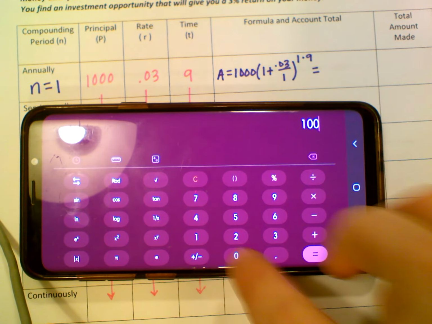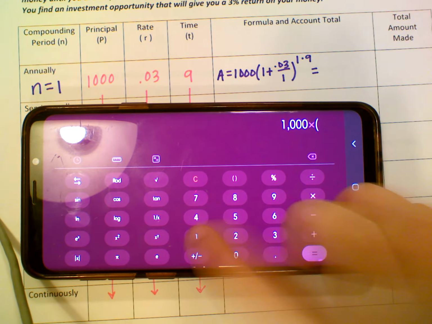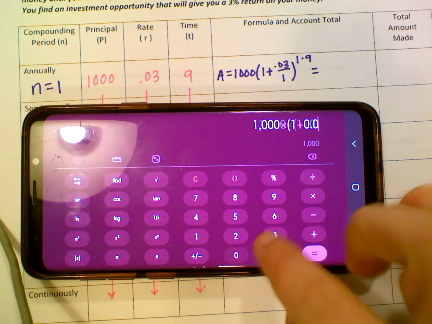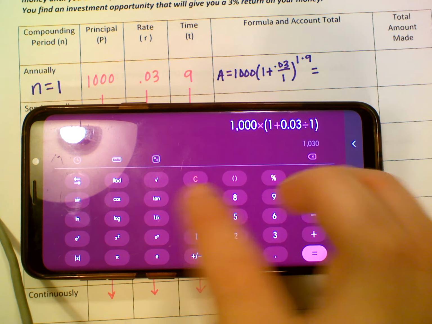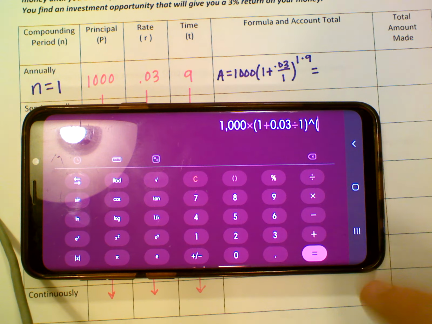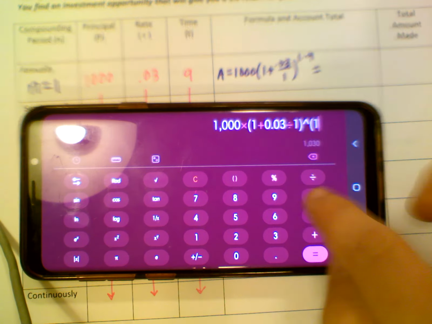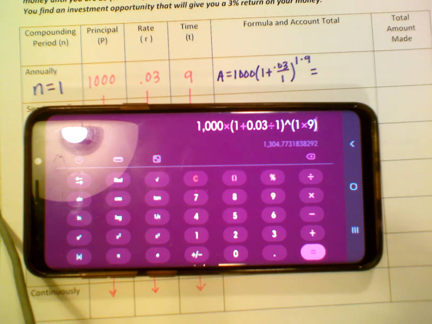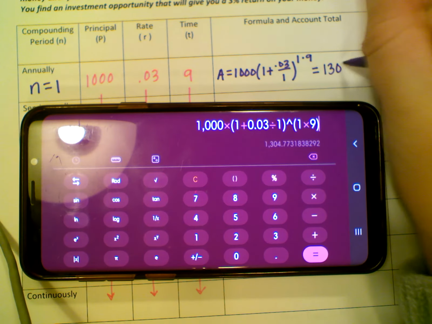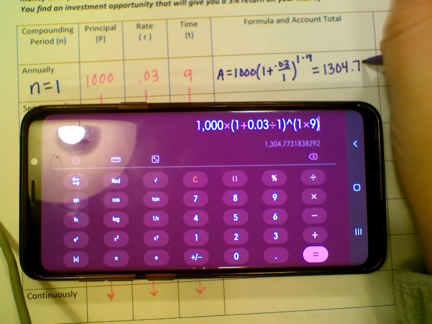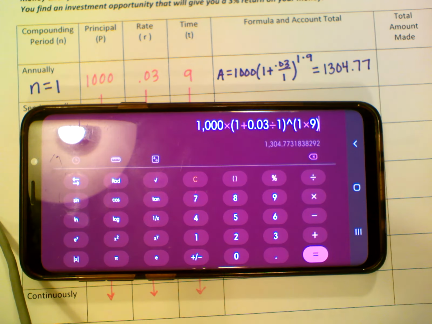So 1,000 parentheses 1 plus 0.03 divided by 1, close your parentheses, and this will be to the power of 1 times 9. So this value is 1,304, and we're going to round to 2 decimal points because it's money, so 0.77.